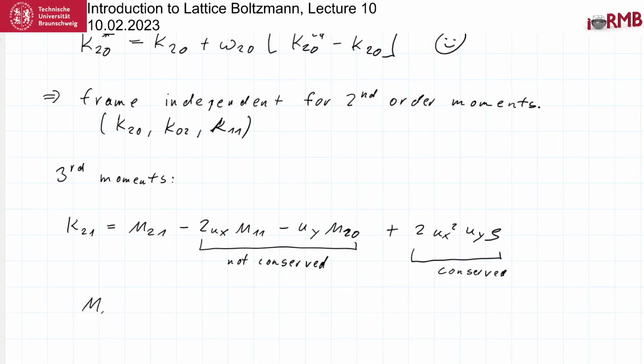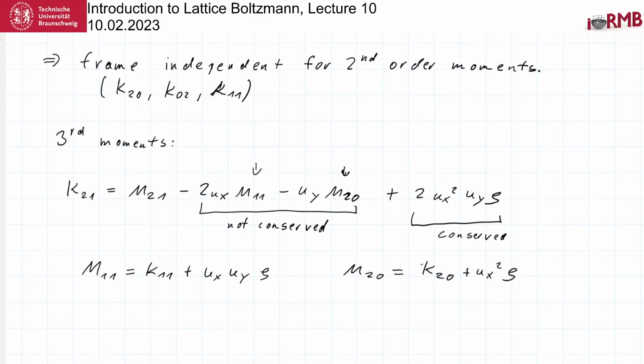Okay, again, we have here M11 and we have M20, which we have to replace. So M11 is K11 plus ux uy rho, and M20 is K20 plus ux square rho.